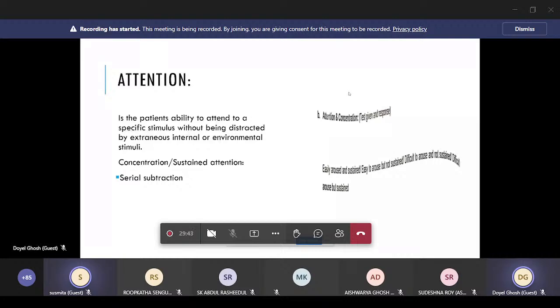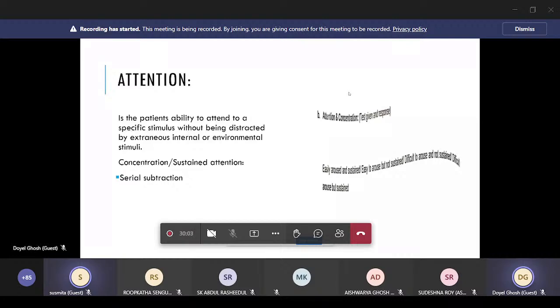What do we mean by that? By extraneous, you're asking something and the person is responding to his hallucination. That is the internal stimuli. So the person is not able to attend to whatever you are asking or saying. So that you need to assess.